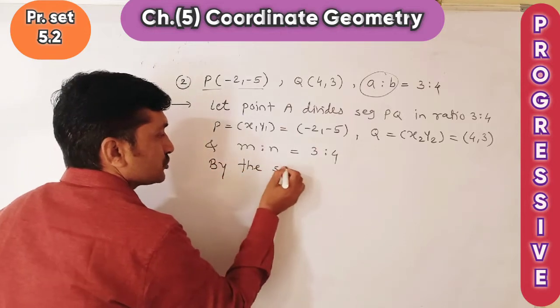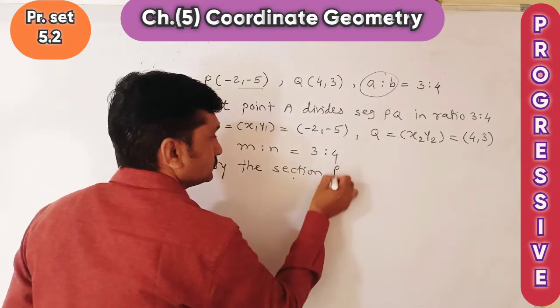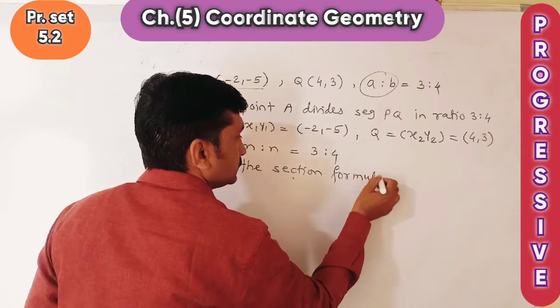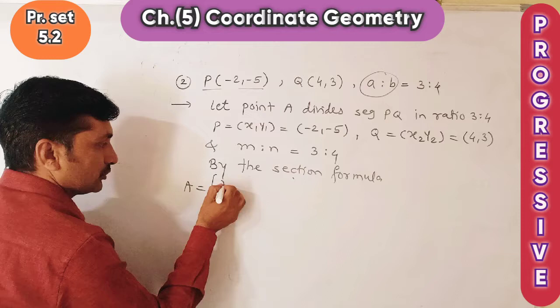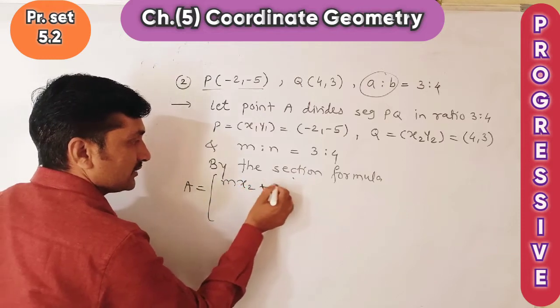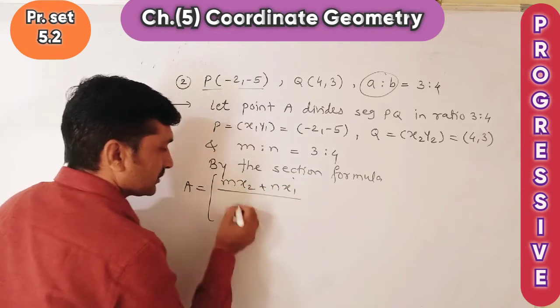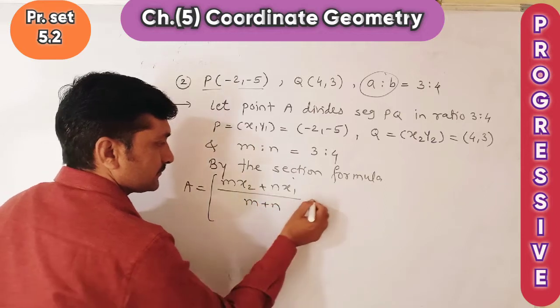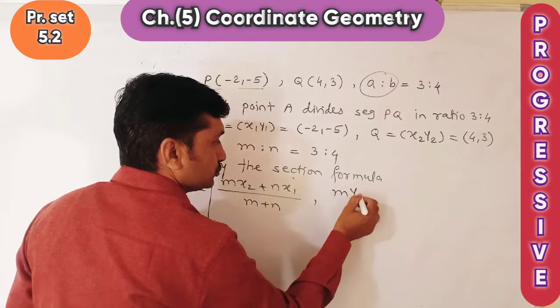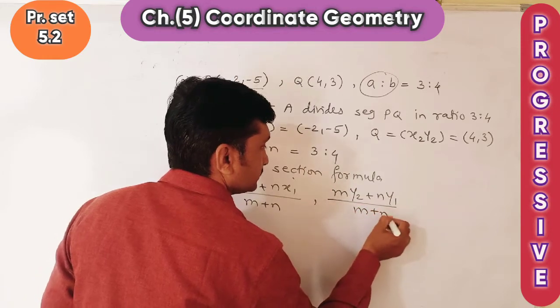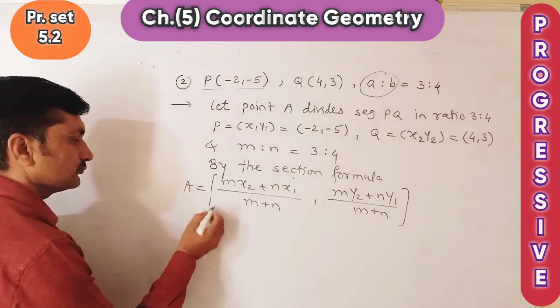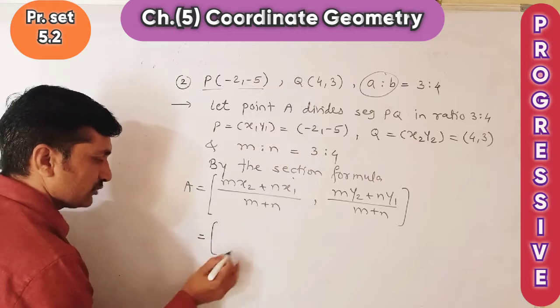By the section formula, A is equal to, in bracket, formula mx2 plus nx1, you have to memorize the formula now, upon m plus n, my2 plus ny1 upon m plus n, is equal to, put values now.